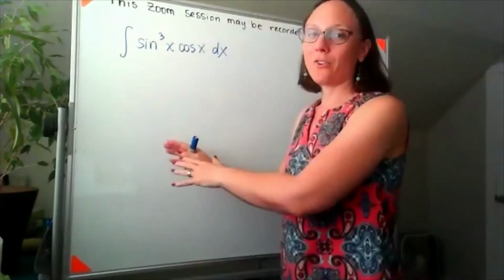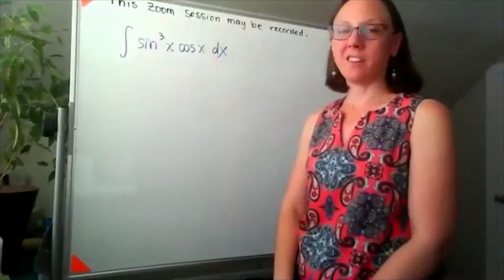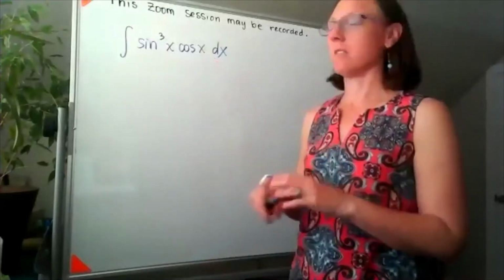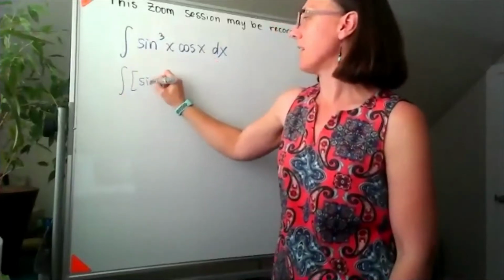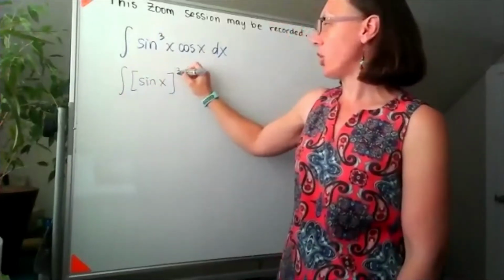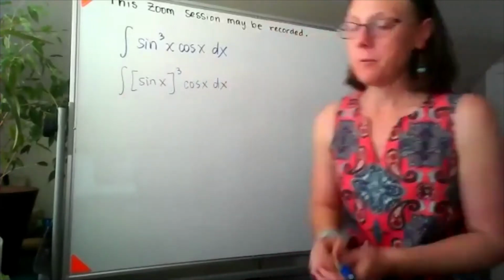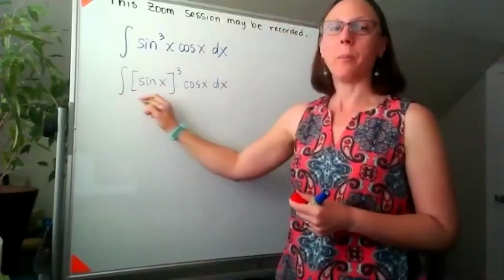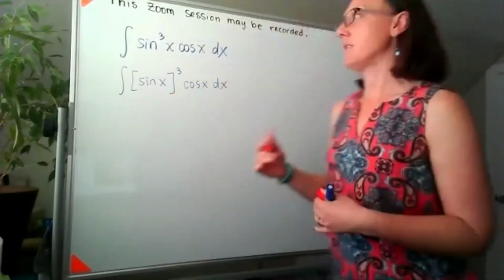But I'm going to take another look and say, this piece is a little bit uglier because there's something else happening to that sine. And if I rewrote this to say sine of x cubed cosine x dx, then this piece is a little bit more complicated, and that's the part that I'm going to choose to make equal to u.